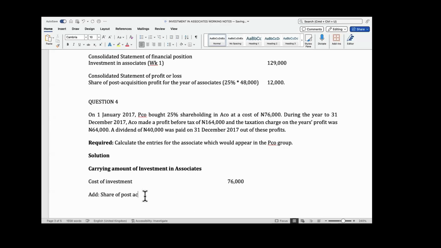Then I'll add my share of post-acquisition profits, which is 25% times. So what's the post-acquisition profit? It is actually 164,000 minus 64,000, because what they gave me was PBT. They did not give me tax separately. So what I need is the profit after tax. So I believe that's 25,000.